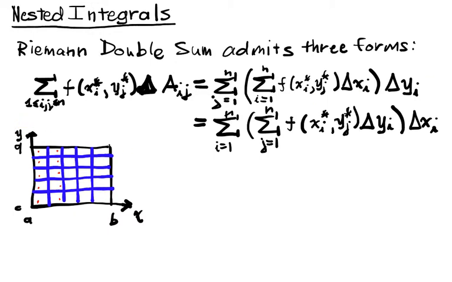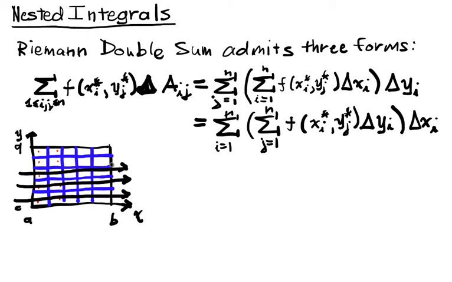And in one direction, in the first guy, we're holding y fixed, that is, we're taking y slices, and we're summing over all these entries first. So say this is y1, this is y1 star. I sum over all the x values there. Then I would sum over all these chunks of volume corresponding to these little differential chunks of area.